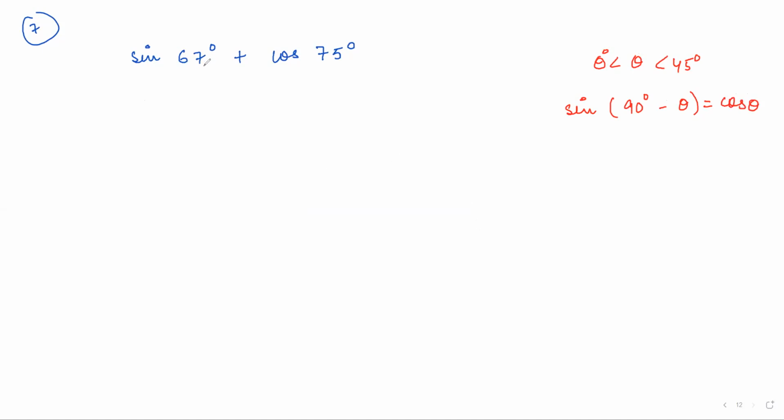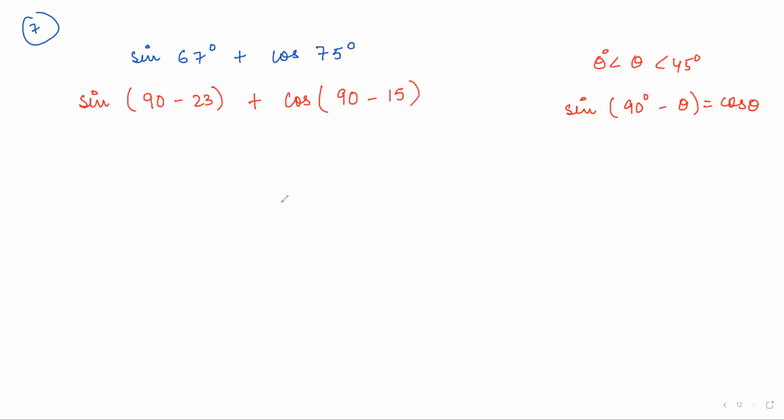So 67, can I write it like this? Sine of 90 minus 23, right? Yes, ma'am. Just simply converting 67 as 90 minus 23. And again this cos of, now 75, I can write 90 minus of 15, right?